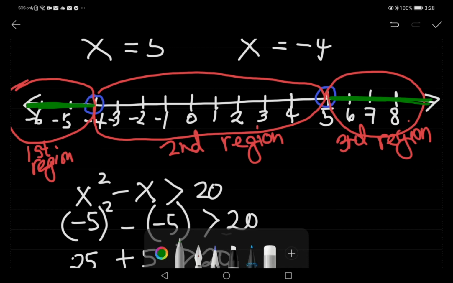So open circle atong gigamit diha kanang sa negative 4 ug 5. Open circle atong gigamit kay ang given nga inequality, greater than man ang gibutang.